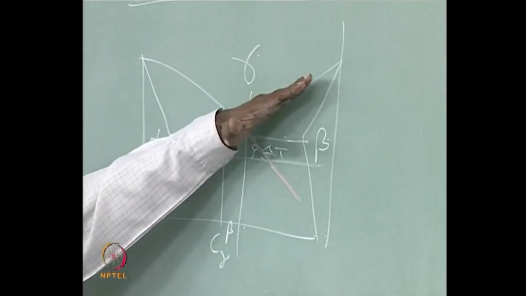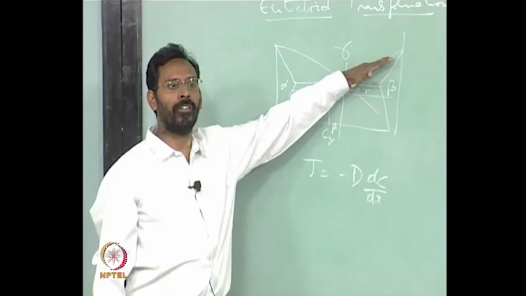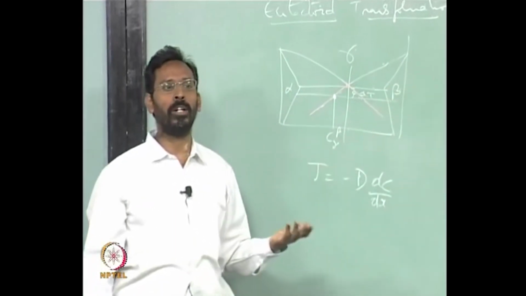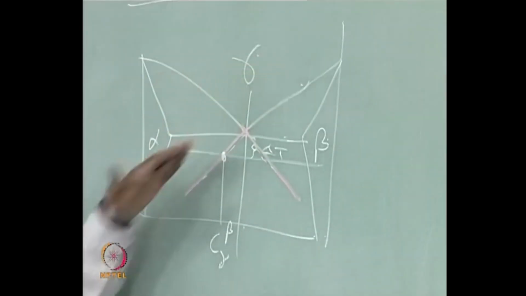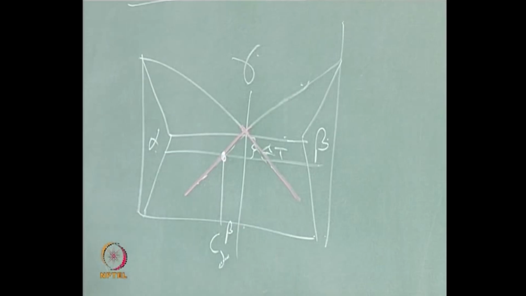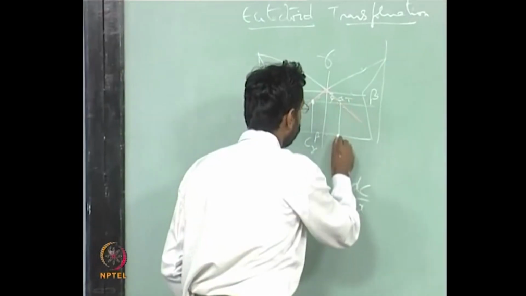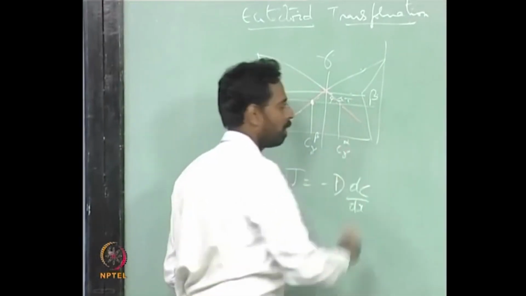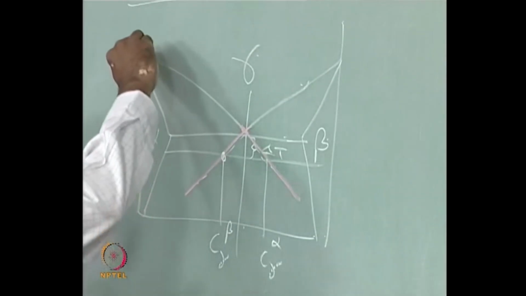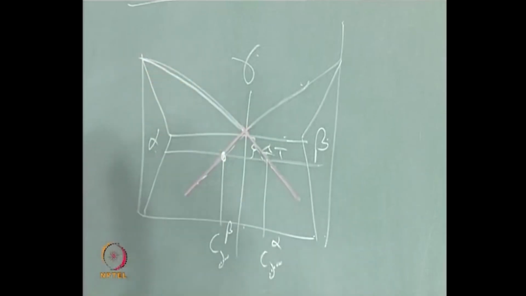So this line gives you the composition of gamma in equilibrium with beta at all temperatures. Because I am extrapolating that to a lower temperature, I can say that this is nothing but C gamma beta, and similarly this would be C gamma alpha, because this is the line which talks about the composition of gamma in equilibrium with alpha, right.